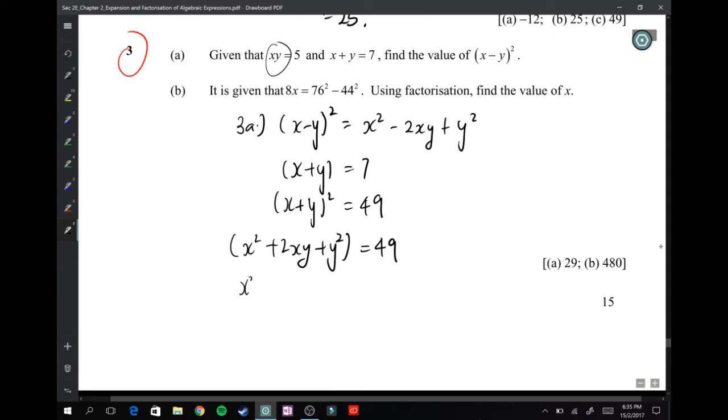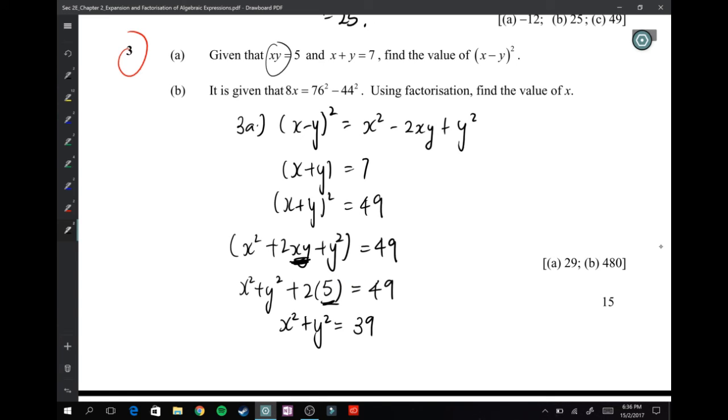That means x squared plus y squared plus 2xy, I'm going to replace xy with 5 here, equals 49. So x squared plus y squared equals 39, because this is 10. 2 times 5 is 10, right? Then we bring it over, and you get 39 now.